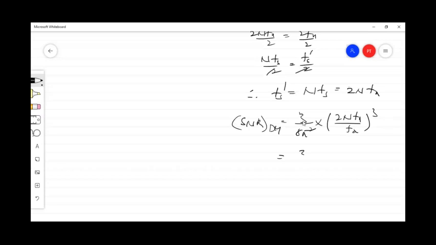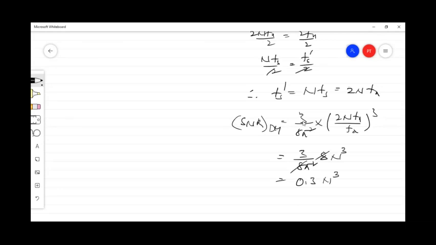So it is equal to 3 by 8 pi square into, the answer is simply 8 n cube. Okay, the 8 will get cancelled, giving 3 by pi square. Pi square is approximately equal to 10. So it is 0.3 n cube.